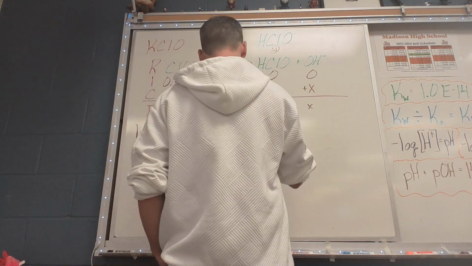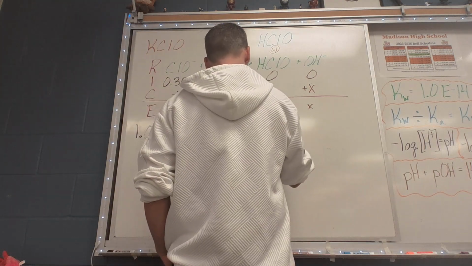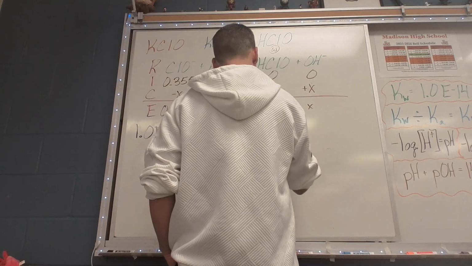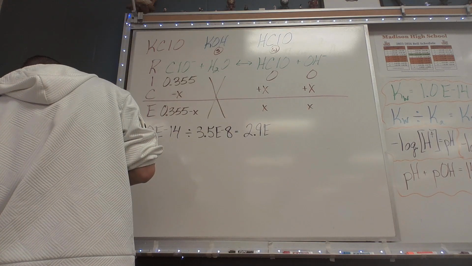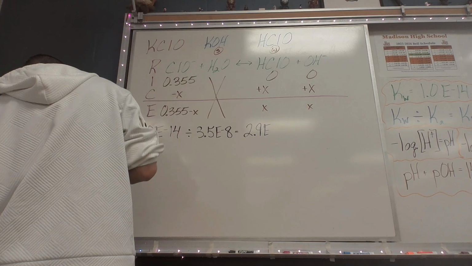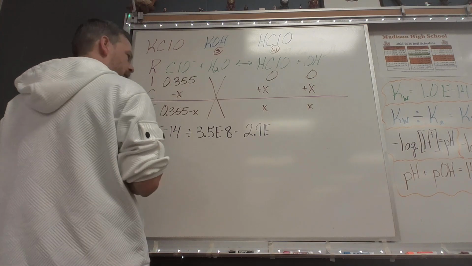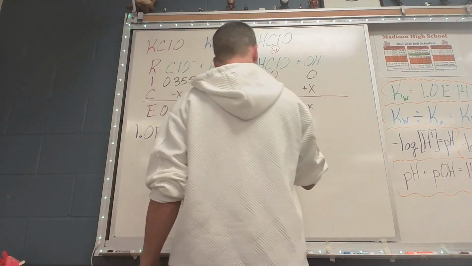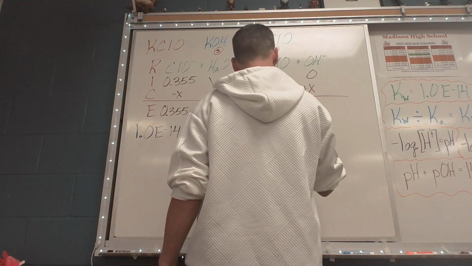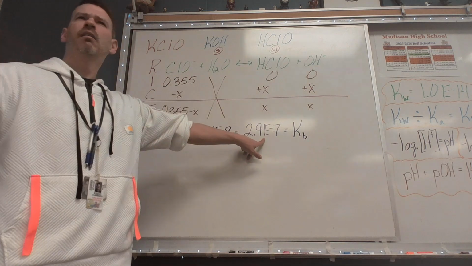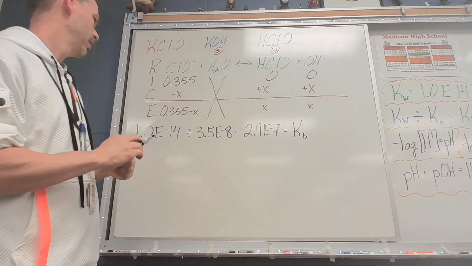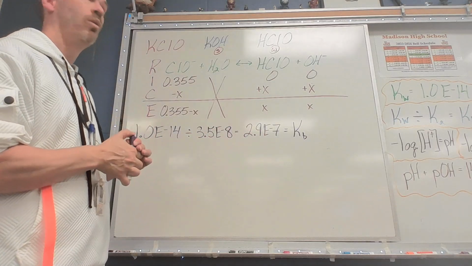2.9 E negative 7. What did y'all get? You got 2.9. Oh, 2.9. Yeah, 2.9 E negative 7. Yeah, that number's okay.